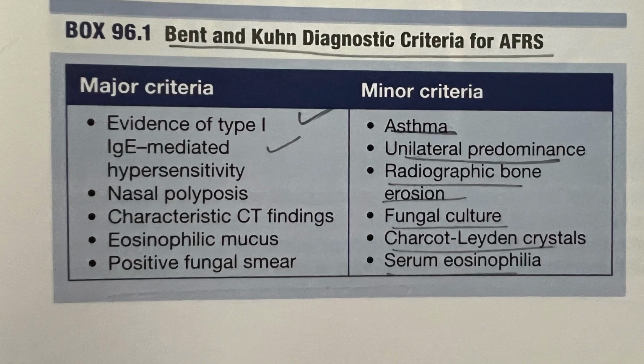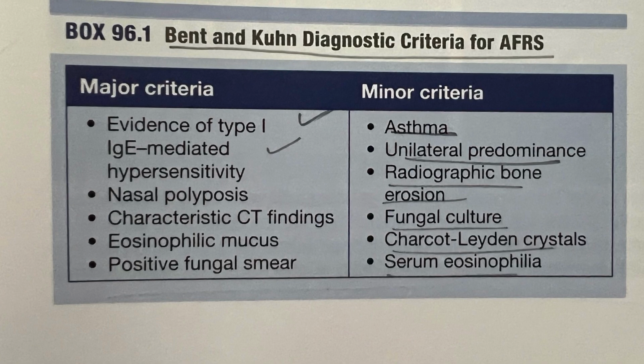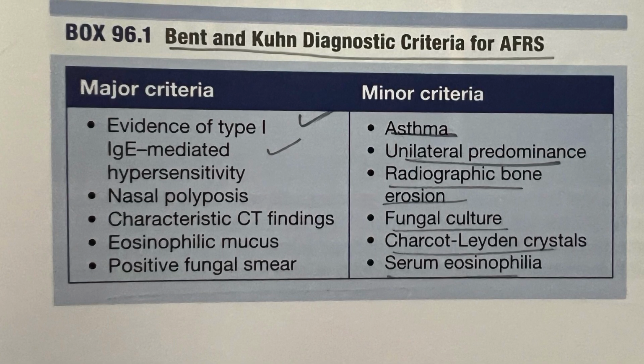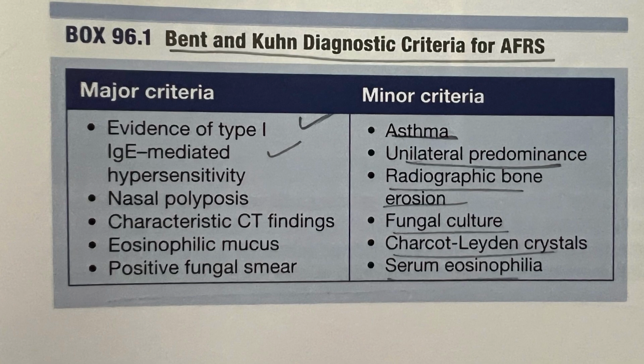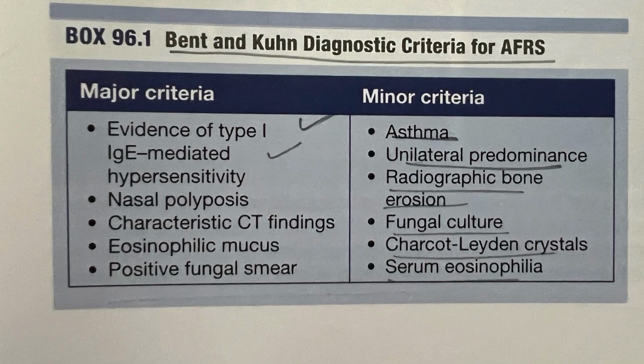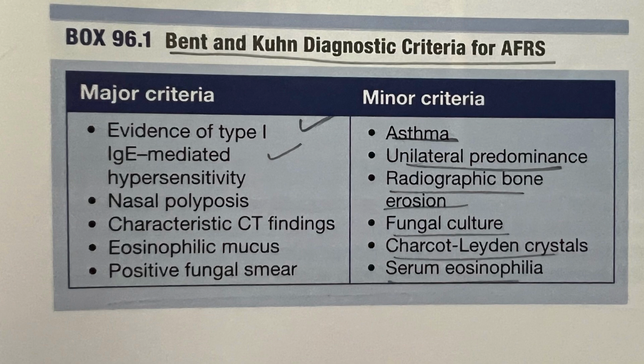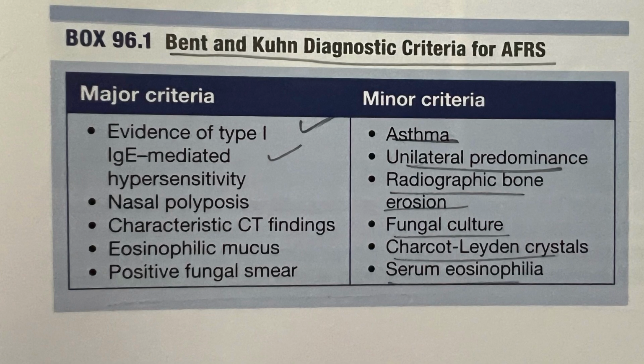These are five major criteria. Minor criteria are six: asthma, unilateral predominance, radiographic bone erosion, fungal culture, Charcot-Leyden crystals, and serum eosinophilia.